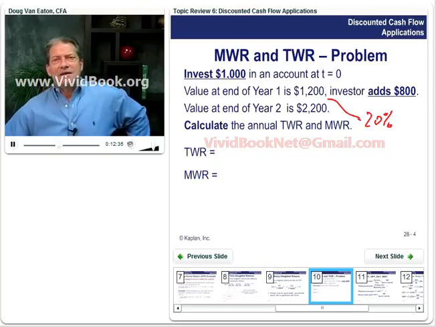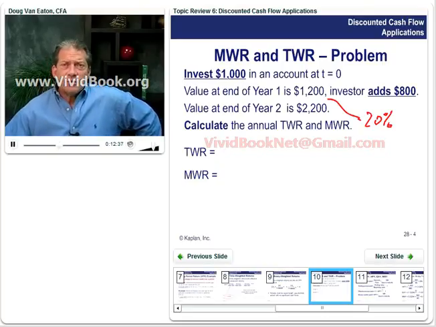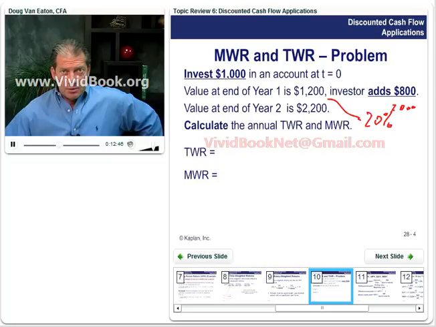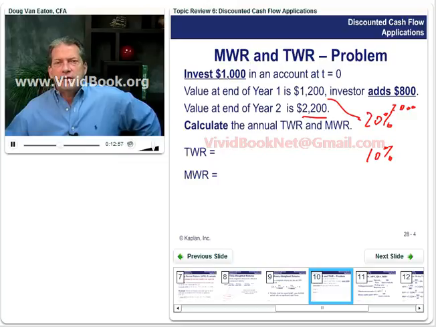But at the end, the investor, the pension plan, adds $800 to the account. So now we start out with $2,000 at the beginning of the second period, and that grows to $2,200. So now we've got a 10% return over the second period. Well, let's look at these calculations here.